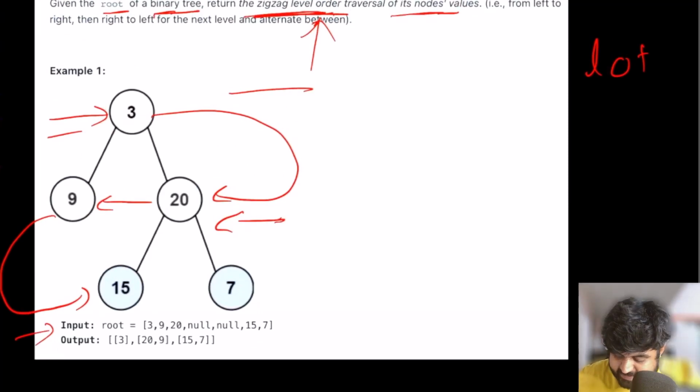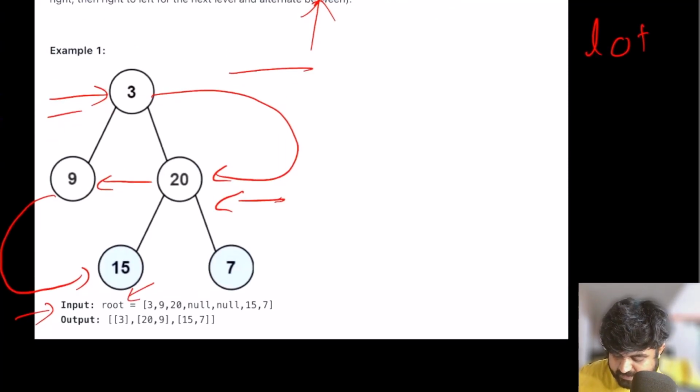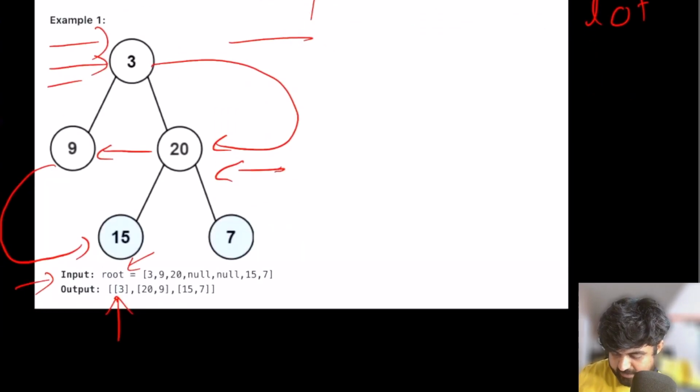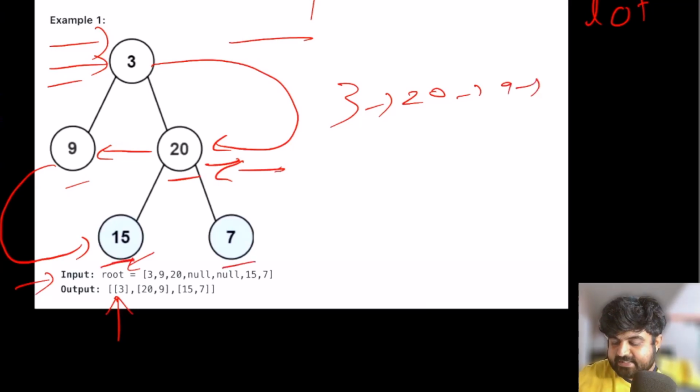In this example, first we went through level 3 from left to right. Second we went through right to left, so 20 and 9. So after 3 we visited 20 and 9, and then we went through 15 and 7.